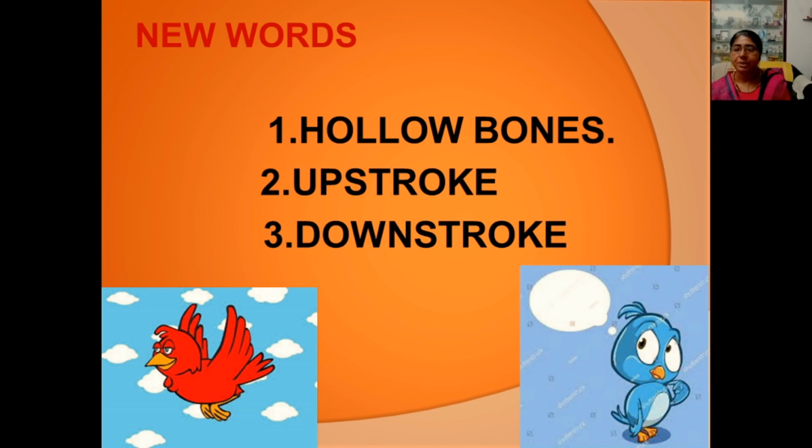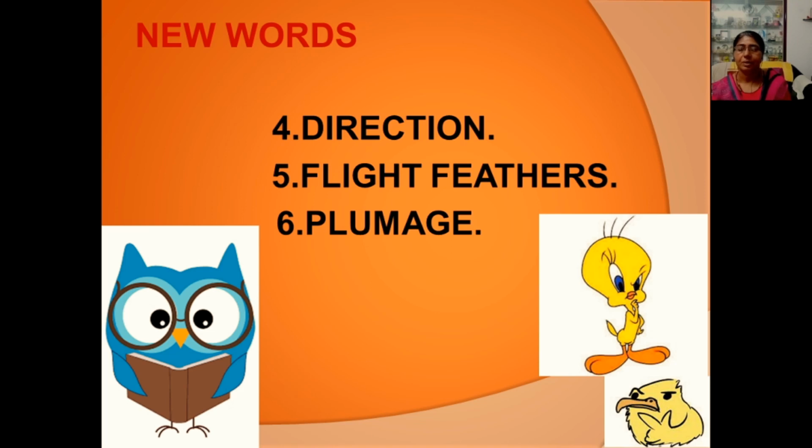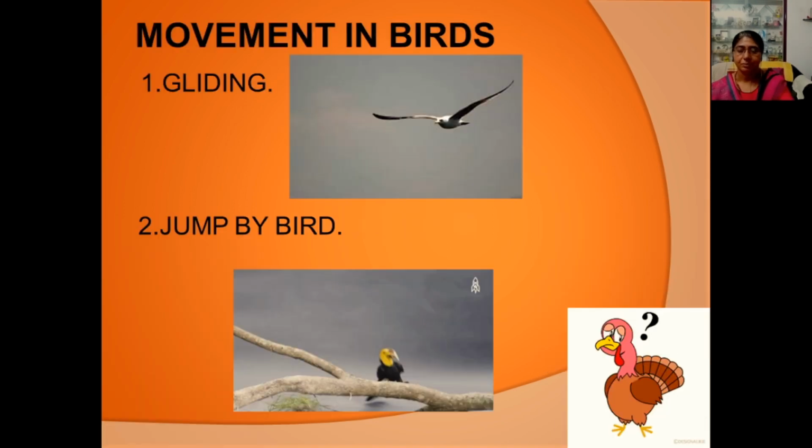Downstroke also is a special kind of movement you can see in birds. Direction means path. Flight feather means feathers that help to fly. Plumage means group of feathers.